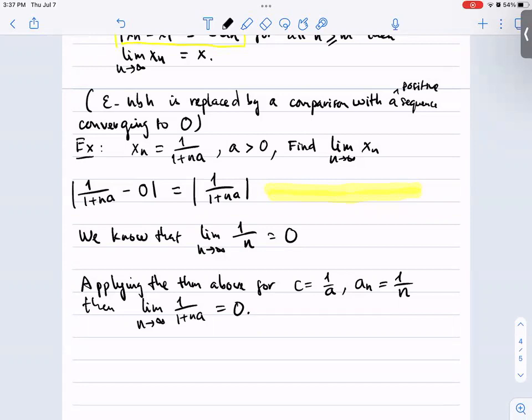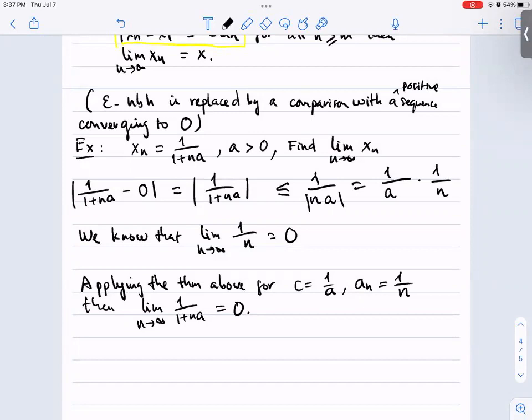This is exactly equal to 1 divided by 1 plus na, and this is smaller than or equal to 1 over the absolute value of na, which equals 1 over the absolute value of a times 1 over the absolute value of n.